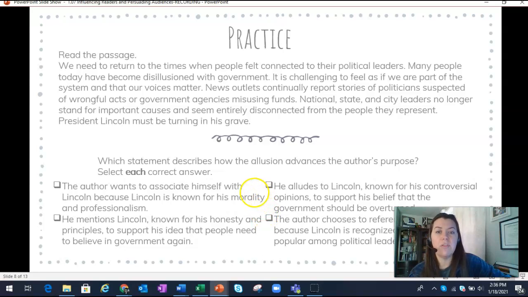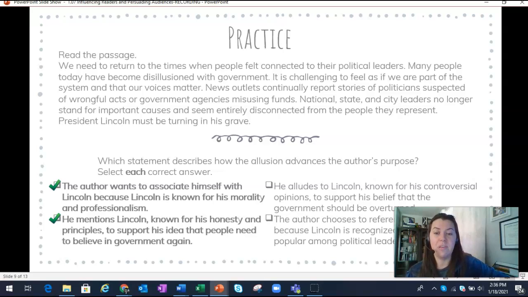So how does the author's allusion to Abraham Lincoln advance or help his purpose as an author? These two statements are correct. By alluding to President Lincoln, the author wants to show that he associates himself with Lincoln because President Lincoln is often known for being a very moral, upright, professional president.